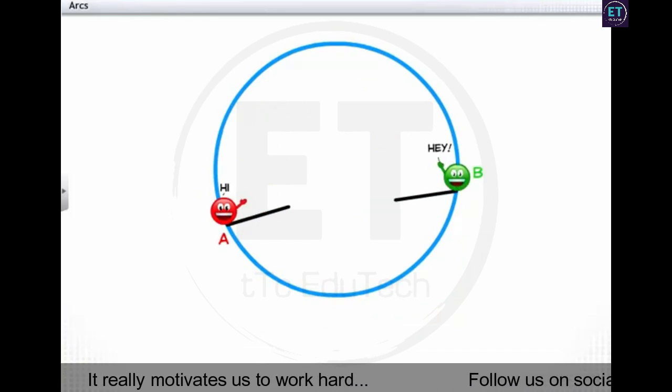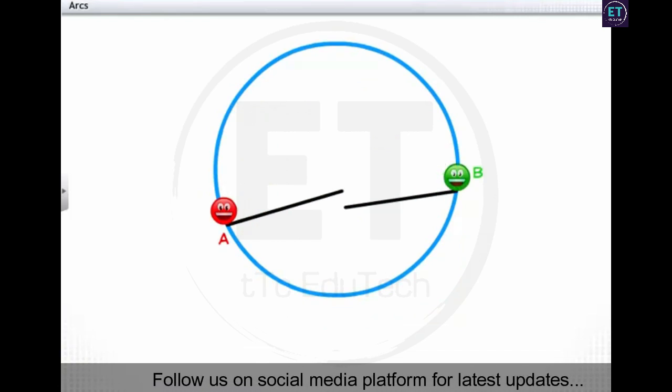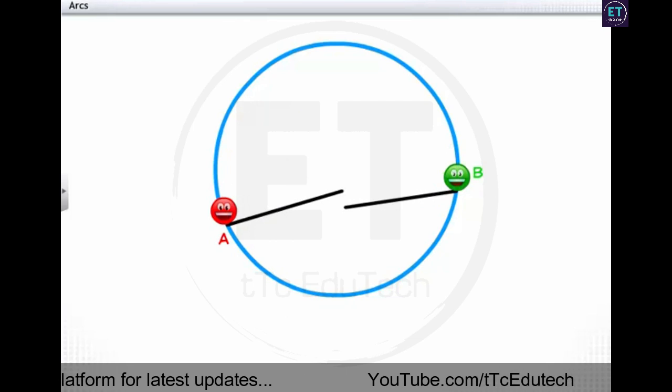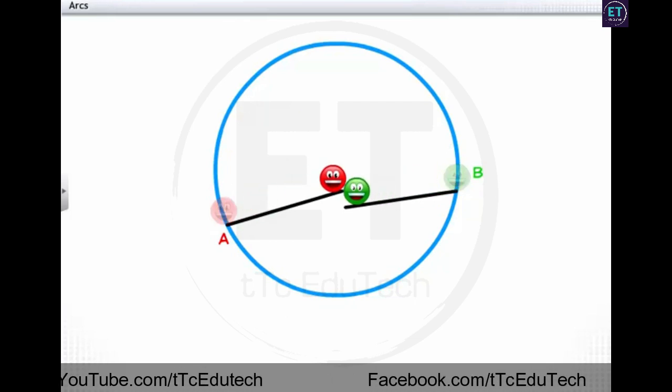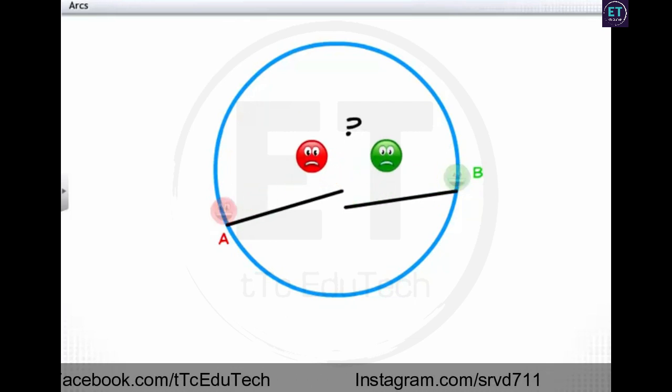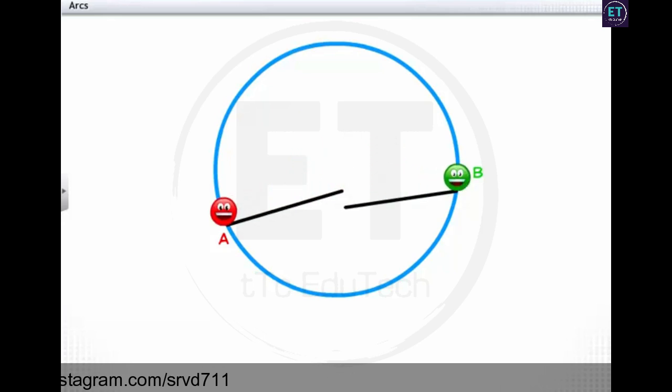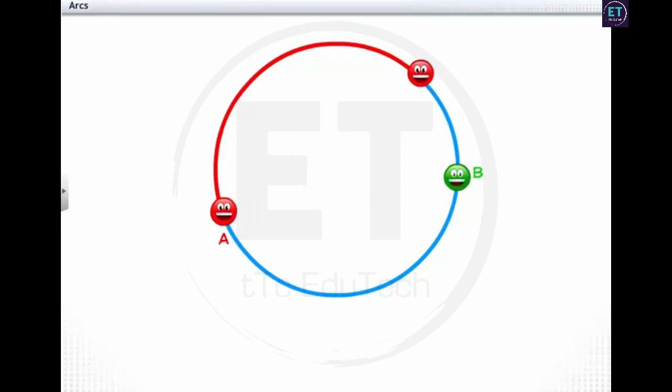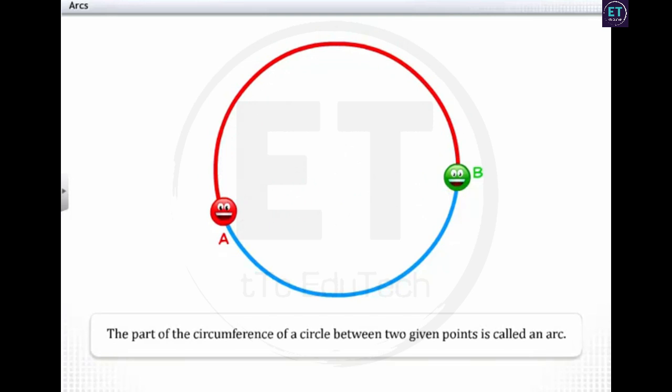Remember Mr. A and Mr. B? Suppose there is no direct way in the form of the chord AB to move from A to B. How do you travel from A to B then? You can move along the circumference of the circle. The part of the circumference of the circle between points A and B is called an arc.